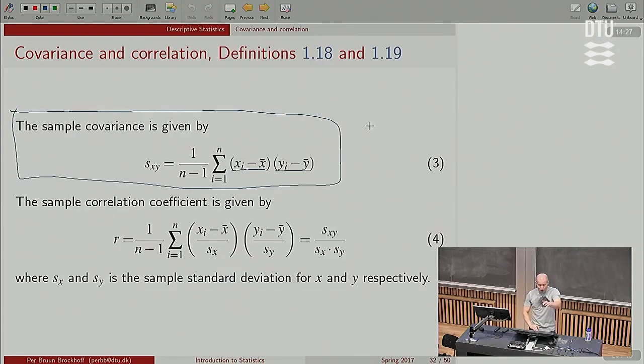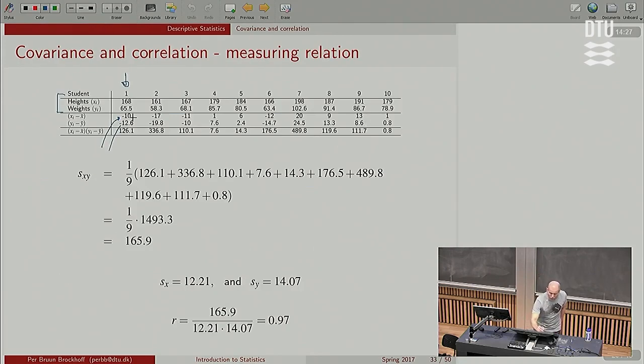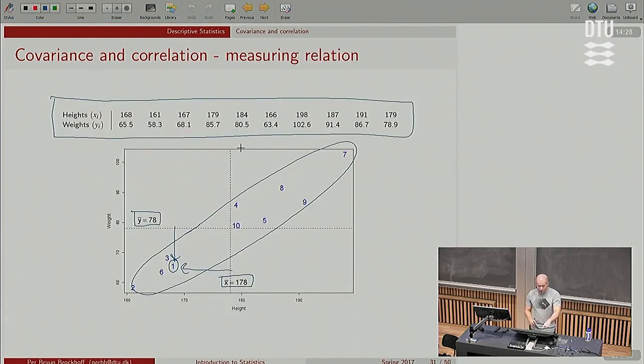So when I use my new covariability measure like this, when both of the numbers are negative, the contribution to the covariance will be positive. When both of them are positive, the contribution will also be positive. So in this particular example, where I do not have anything up here or down here, they are all positive.